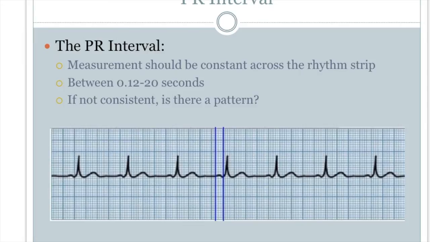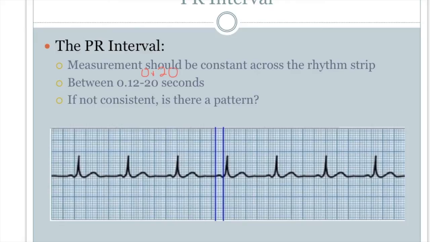And the PR interval. The PR interval, if you remember, needs to be between 0.12 and 0.2 seconds. And this is a typo, so 0.20 seconds.